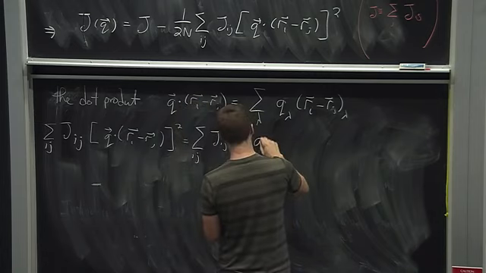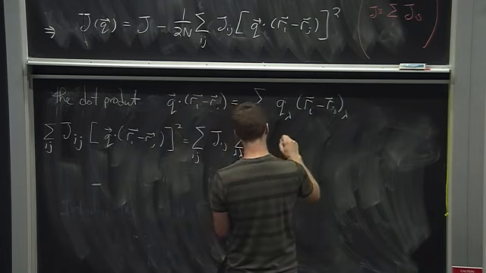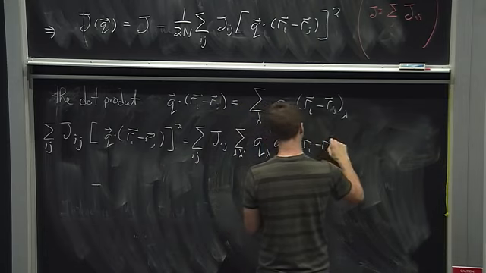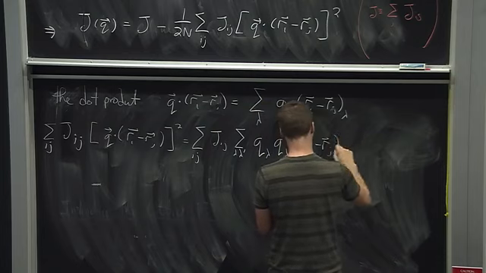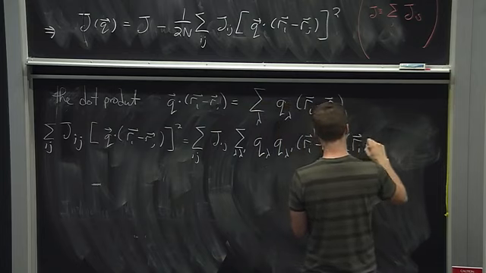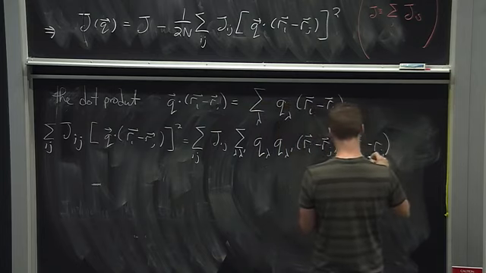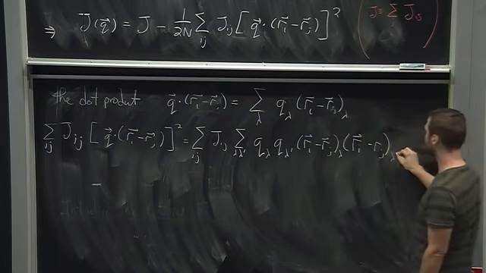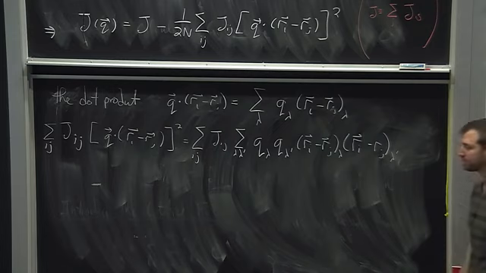So I have two terms because it's squared. So let me just be careful and keep those indices separate again. So I'm labeling this with two different directions, lambda and lambda prime.